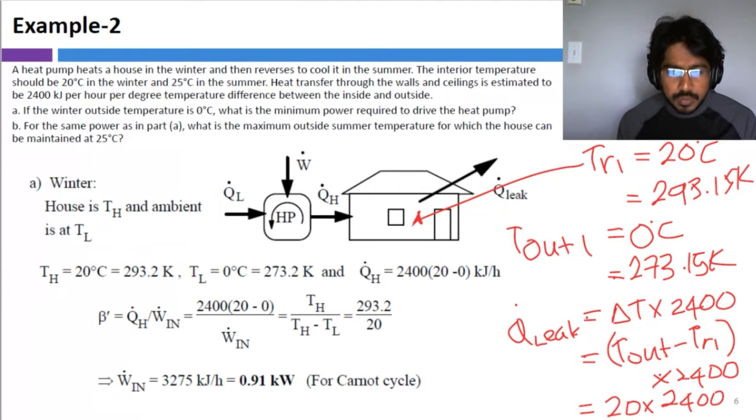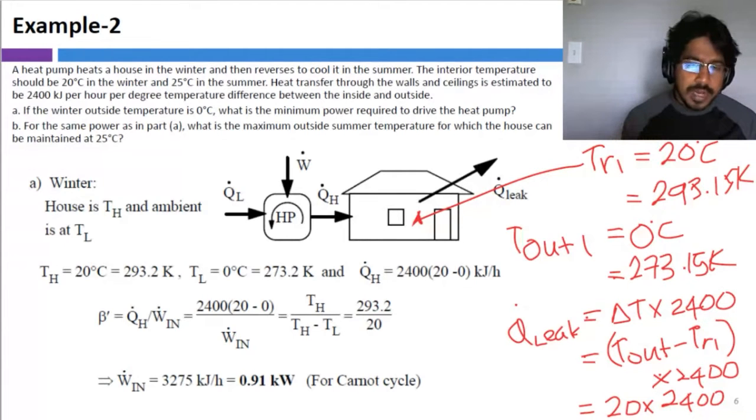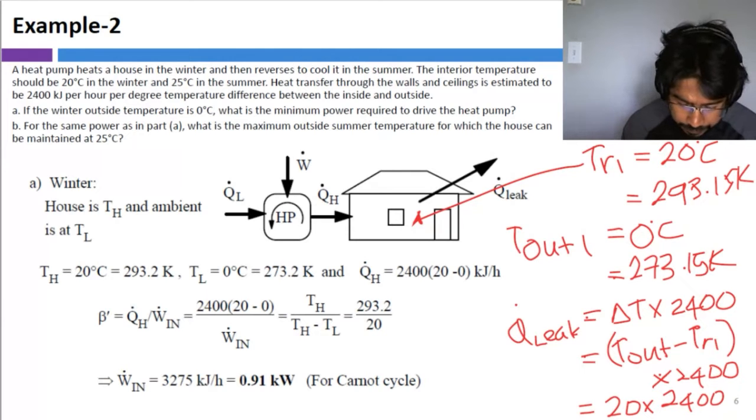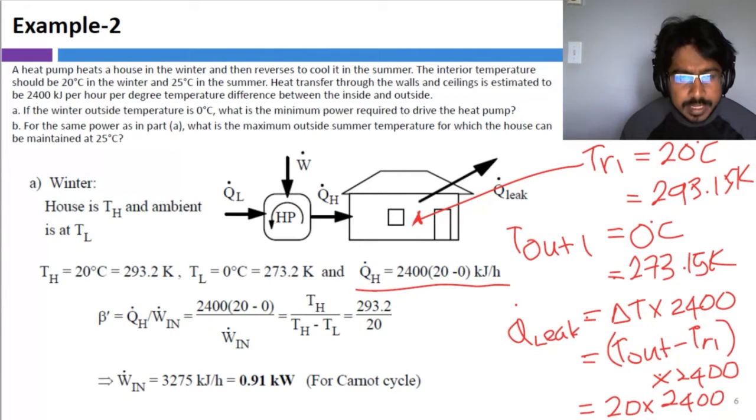Perfect. QH equals Q leak. It should be. Otherwise, if we could not provide the amount of heat that is lost by the building at a given time, then we cannot operate the building at the same condition, right? Very good.